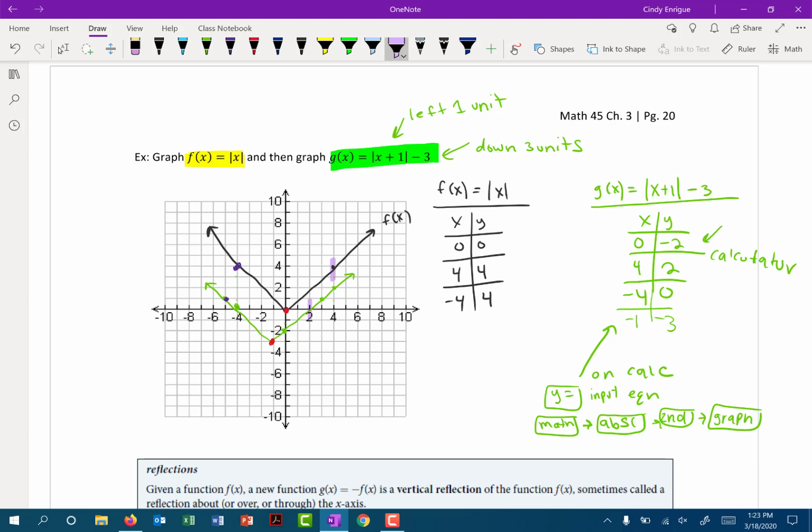Okay. Hopefully that makes sense. And don't worry, we're going to have plenty more examples to go over this. So just know I went down 3 and to the left 1 visually, and I also did it on my calculator by putting in some points.